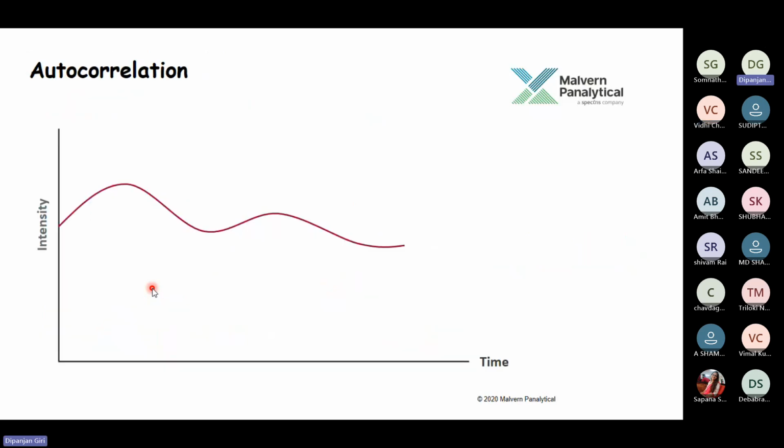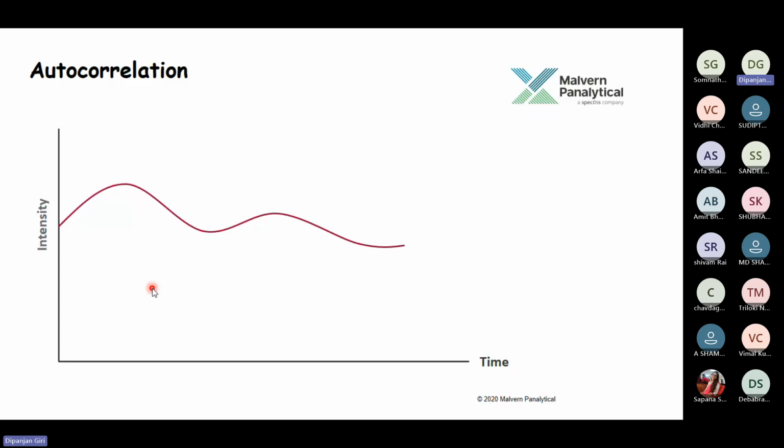So what kind of time information is there? The method used to derive this is known as autocorrelation. Let's see what autocorrelation is and how it is used to derive the particle size from DLS experiments.